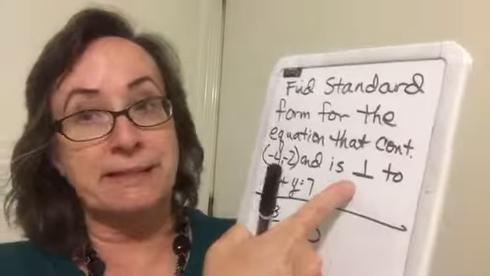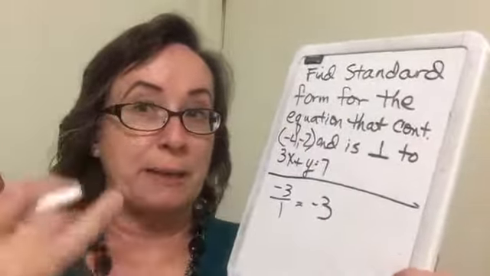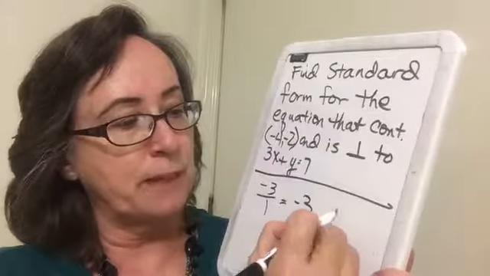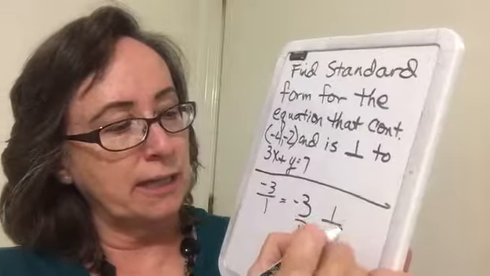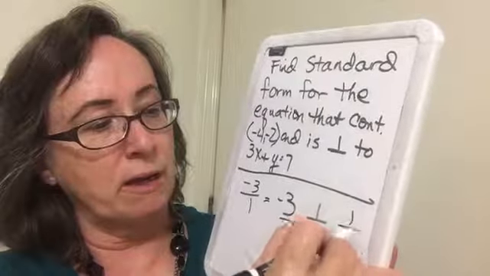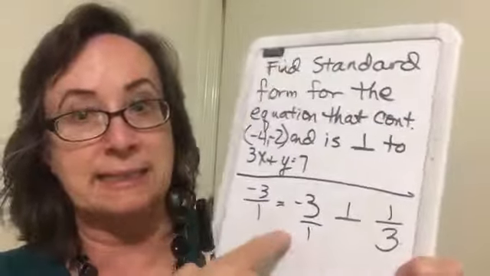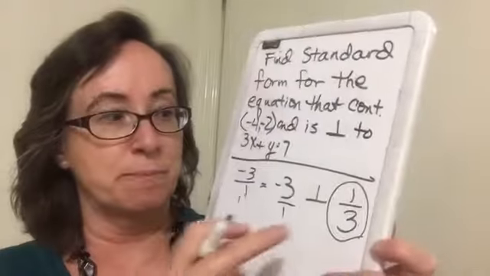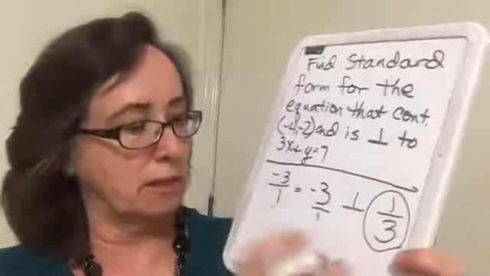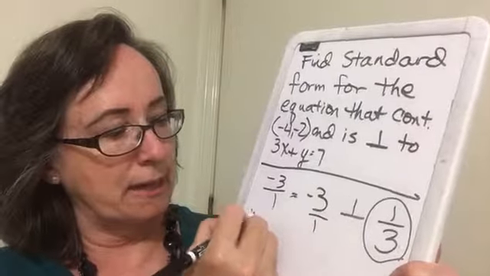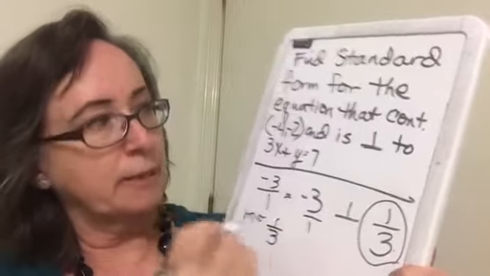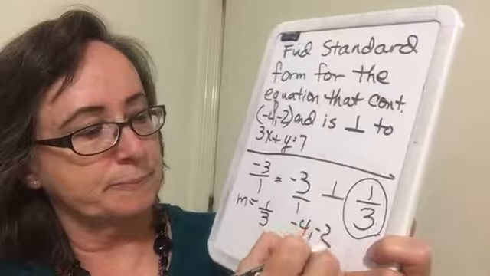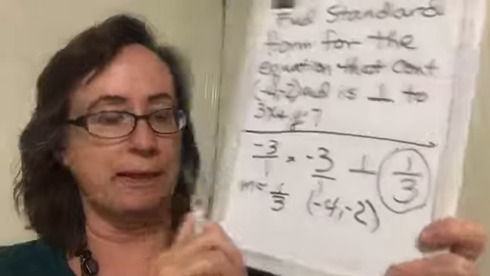So the perpendicular slope will be flipping that over, and remember there's a 1 underneath it, so when I flip it over, perpendicular is going to be 1 over 3 with a positive sign. So I flip it over, and that is my desired slope. So we're going to say m is 1/3, and (-4, -2) is our point.